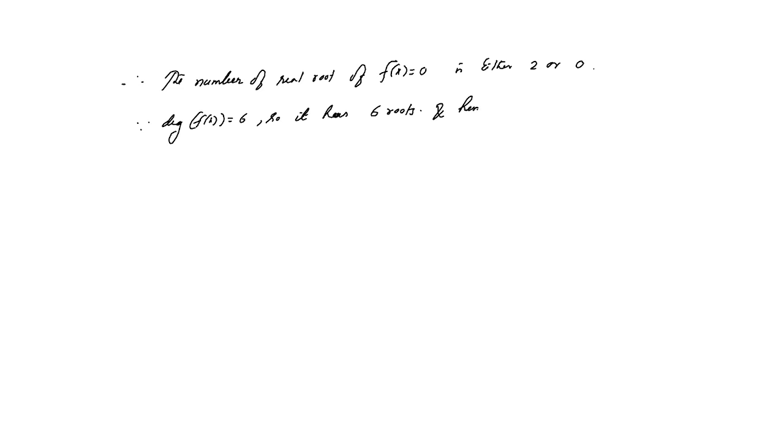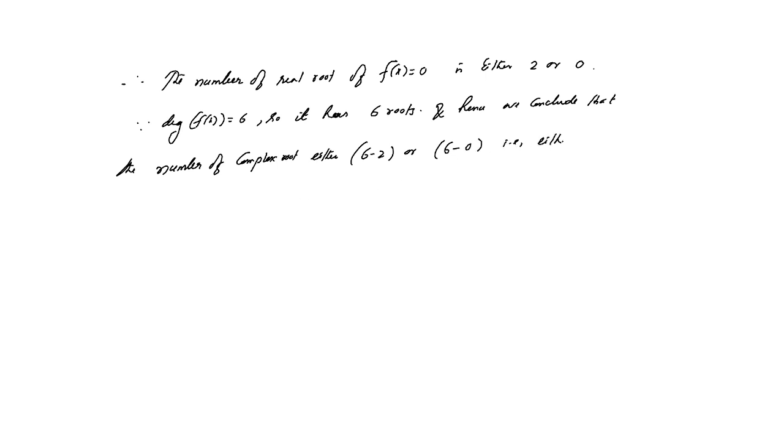And hence, we conclude that the number of complex roots is either 6 minus 2 or 6 minus 0, that is either 4 or 6.